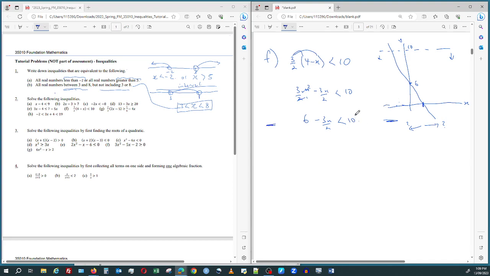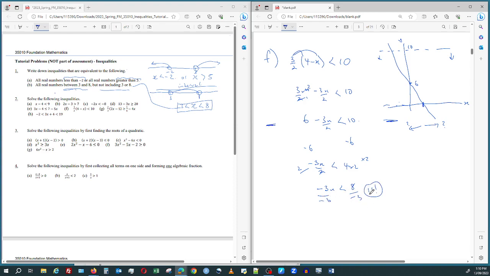Now if we go ahead and do our solutions, we can take 6 away. So minus 3x on 2 is less than 10 minus 6, which is 4, multiplied by 2, and so we get minus 3x is less than 8, and now we've got to divide by minus 3.